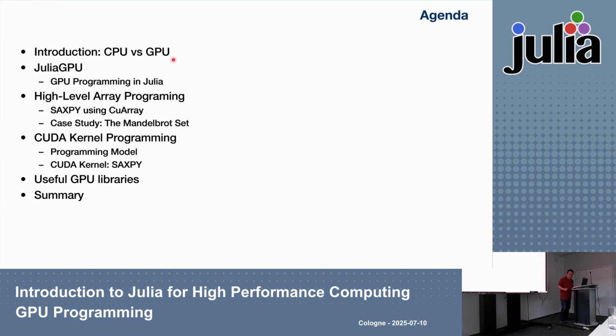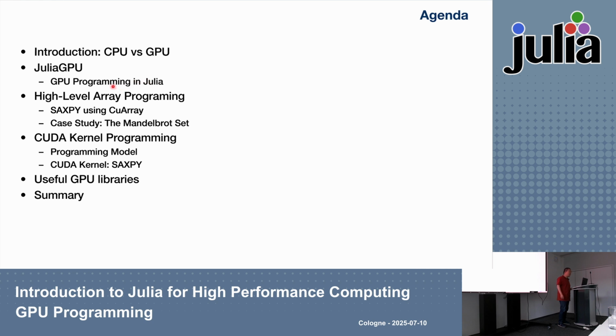But anyway, in the beginning I would like to give you a short introduction to the comparison between CPU and GPU. And then we dive directly into Julia GPU programming so that you can program GPUs using Julia. It's very simple.